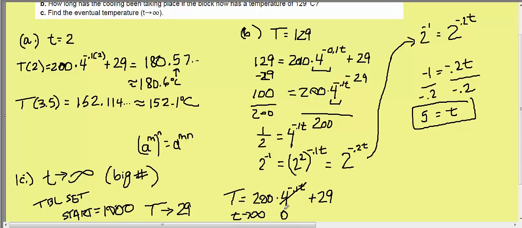Then I have 0 times 200 is 0. So all that's left is going to be 29. So as t goes to infinity, this is actually going to just go to the 29, whatever number is on the outside. I hope that helps.